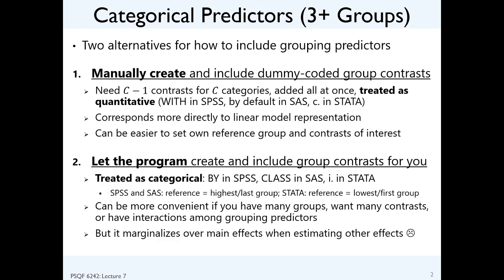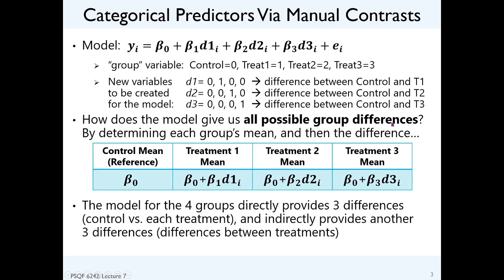And it does make it trickier, though, to interpret main effects that are either conditional or marginal in the context of interactions. So we'll start by reviewing this first strategy, which we went over this semester.